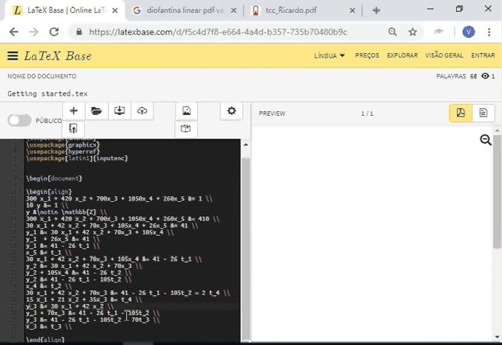Weight 3 is divided by 2. Weight 3 plus 35 x3 equals to D4.